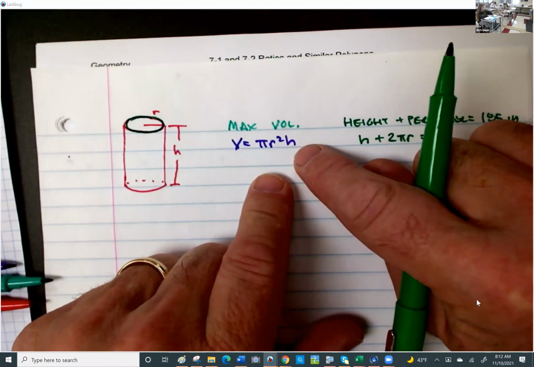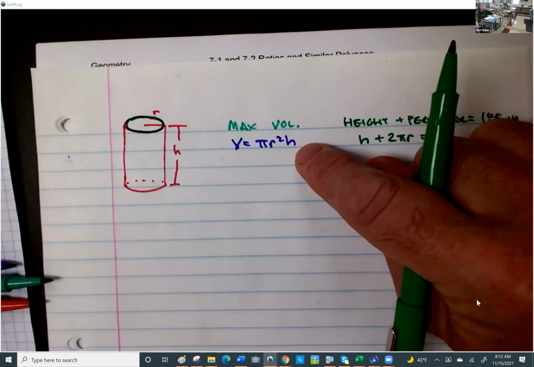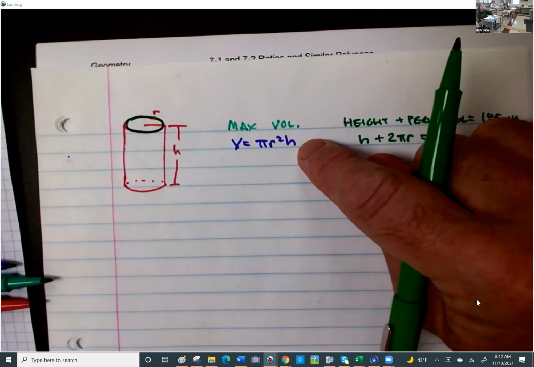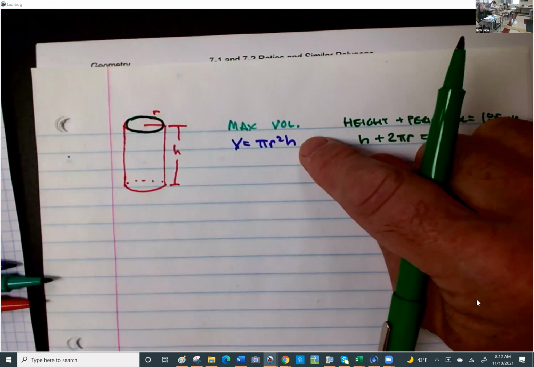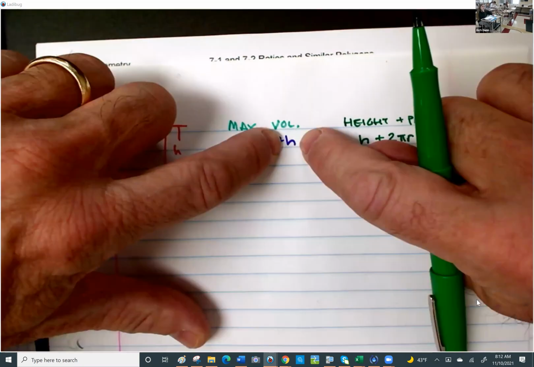Okay, so which one do you think we should eliminate here? Again, it doesn't say find r, find h. It says find the dimensions. So pick the easiest one. And yes, I believe the easiest one for us to eliminate would be the h.